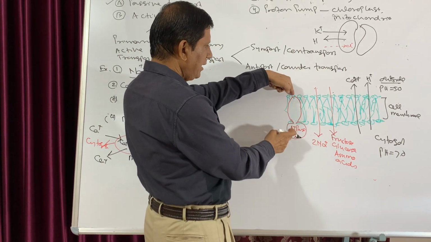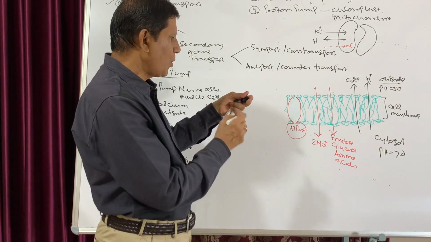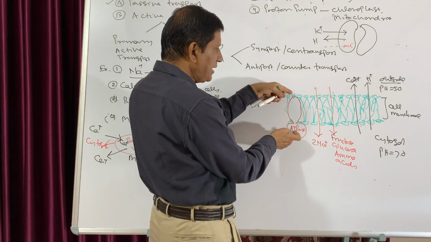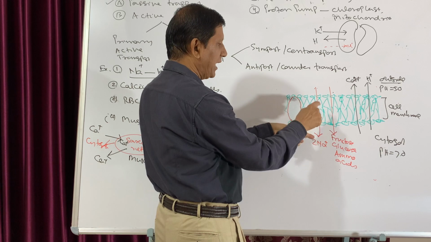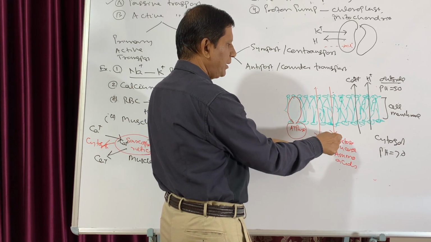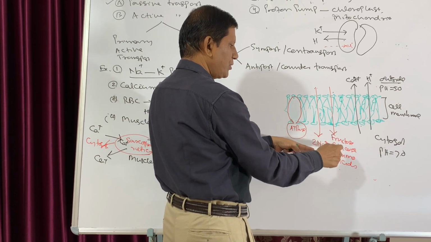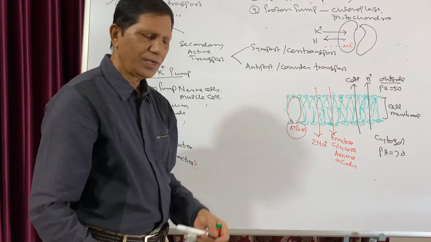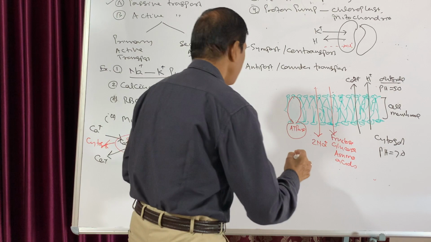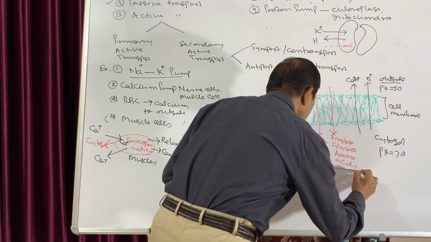Now this is the expenditure of energy. When energy is utilized and sodium comes inside, along with sodium the sugars, fructose, glucose, and also amino acids come inside. Now this is known as symport or cotransport.